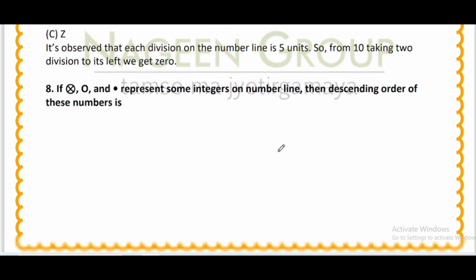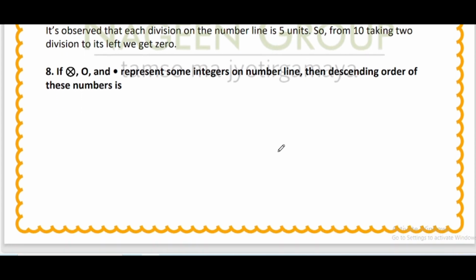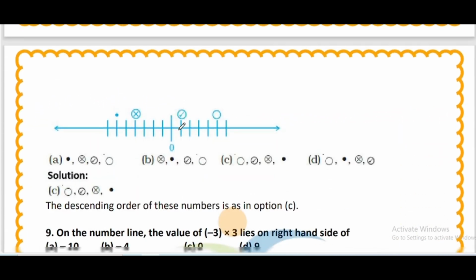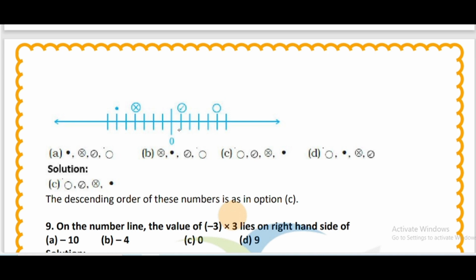Let's see question number 8. If these symbols represent some integers on a number line, then the ascending or descending order of these numbers is, let's see. First we find the value 0. Then when we move to the right side of 0, it shows positive integers: 1, 2, 3, 4, 5 and 6.